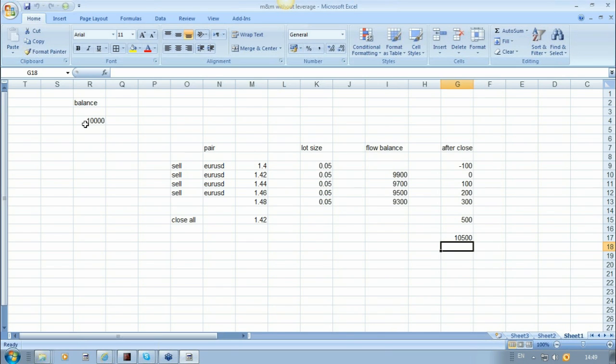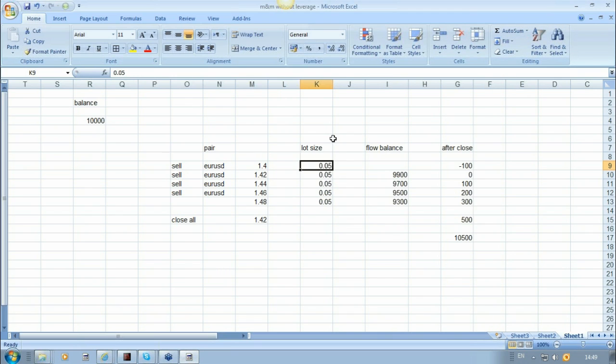You have a balance. Your first trade will always be with negative leverage. For example, 1 to 1 would be 0.1, right? 0.1, which is also 10,000 currency. Each currency, 0.1, this is 10,000 amount of currency, right? Now, negative would be when I use lower than 1 to 1. For example, 0.05.